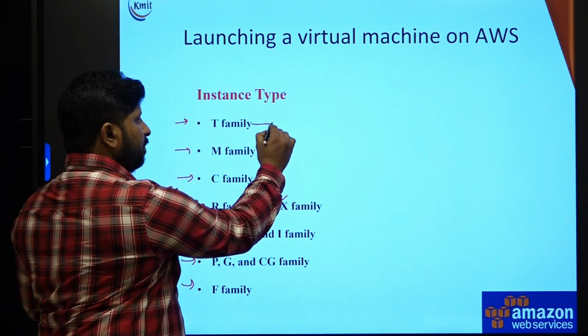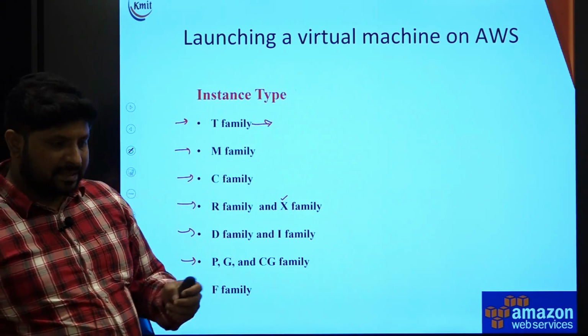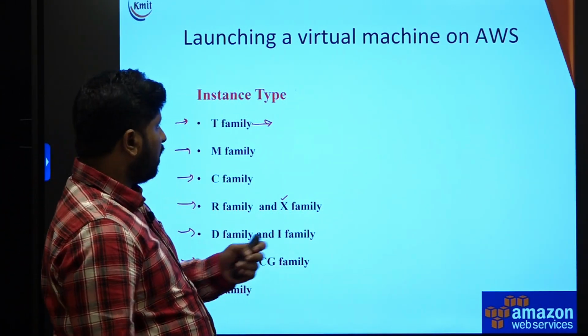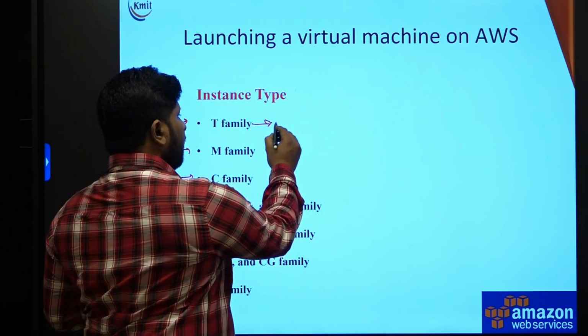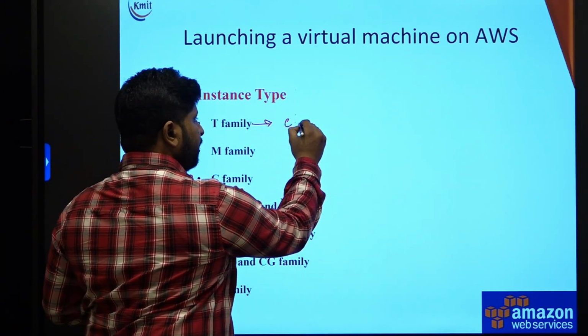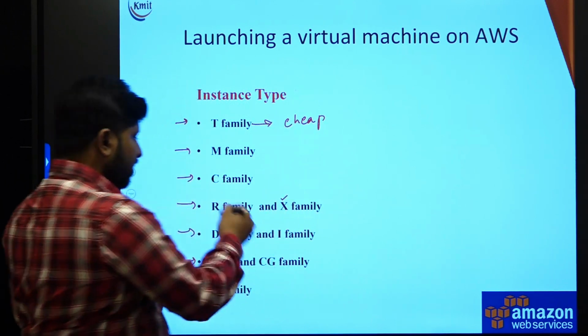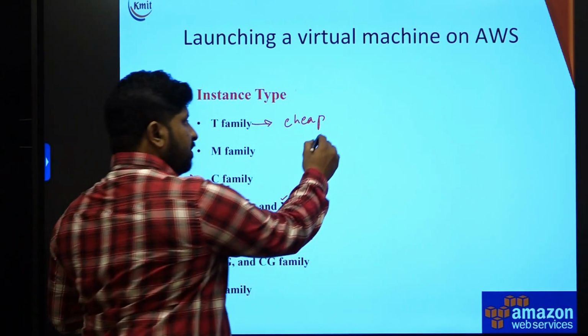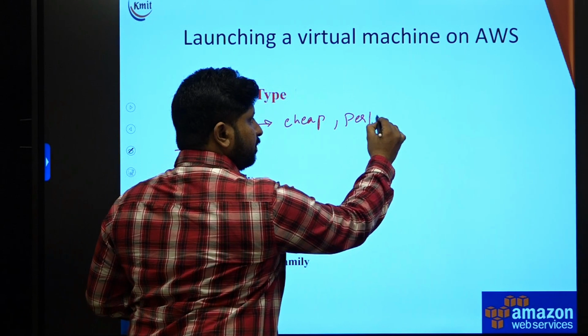T family instances, or EC2 virtual machines, are cheap when compared to any other family. At the same time, the performance is moderate.